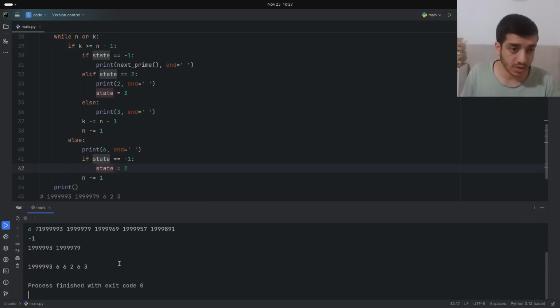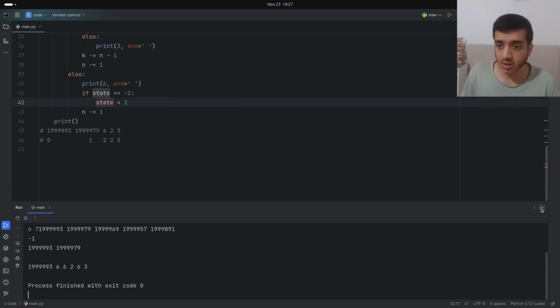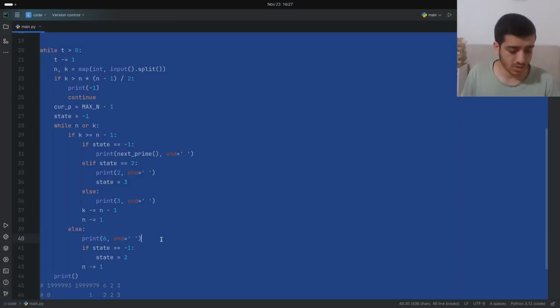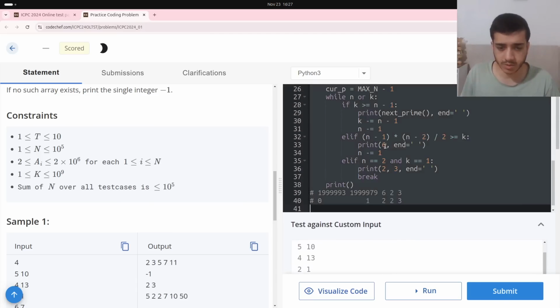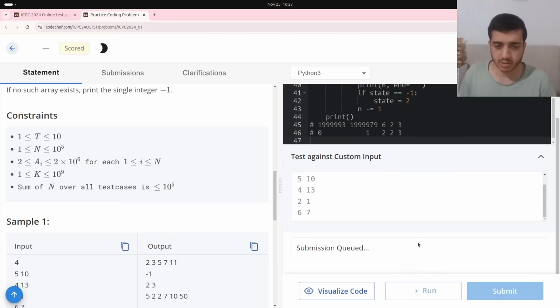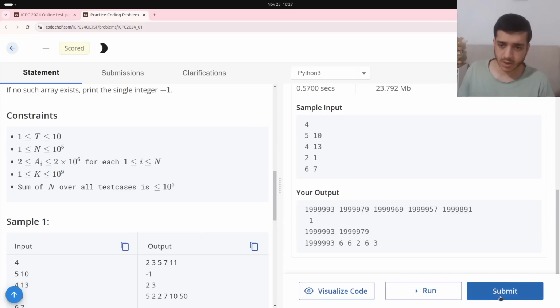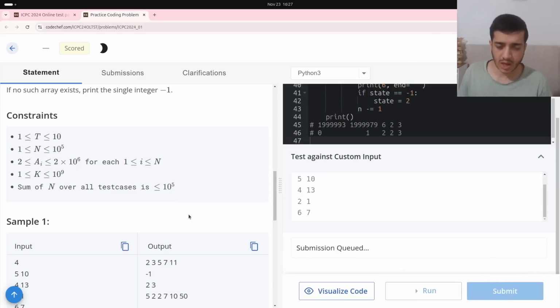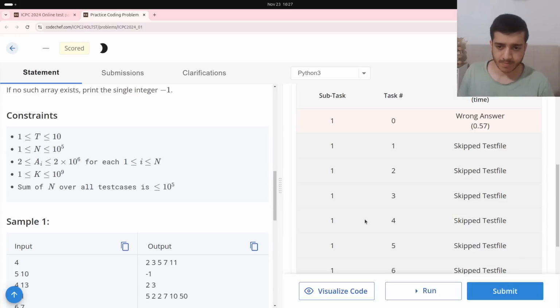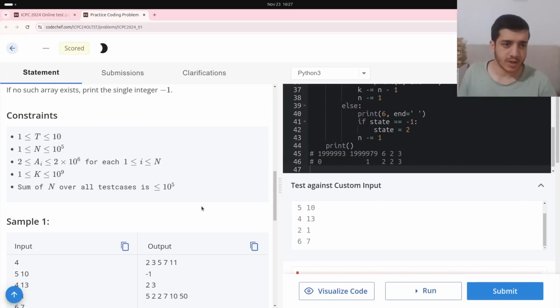Okay, I think this works. Also, it's not that clean. I will explain. So let me first run, and if we get accepted, I will explain. No, still wrong answer.